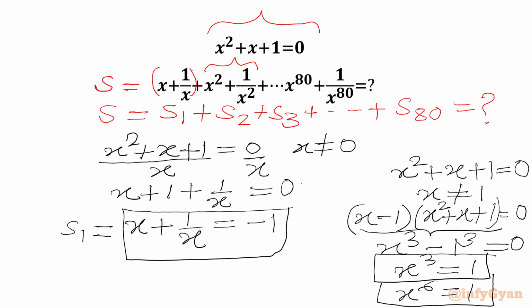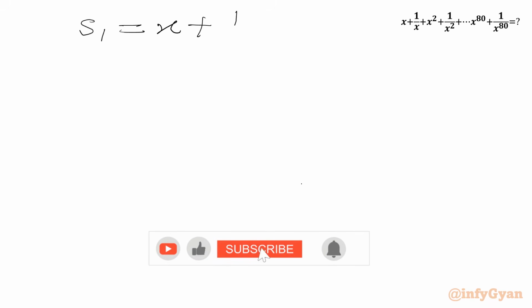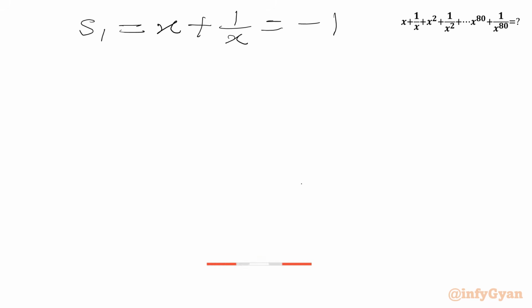So we have two results: x plus 1 over x is minus 1, and x cube is 1. Now we have to find S2, S3 up to S80. Let me write S1 equal to x plus 1 over x equal to -1.